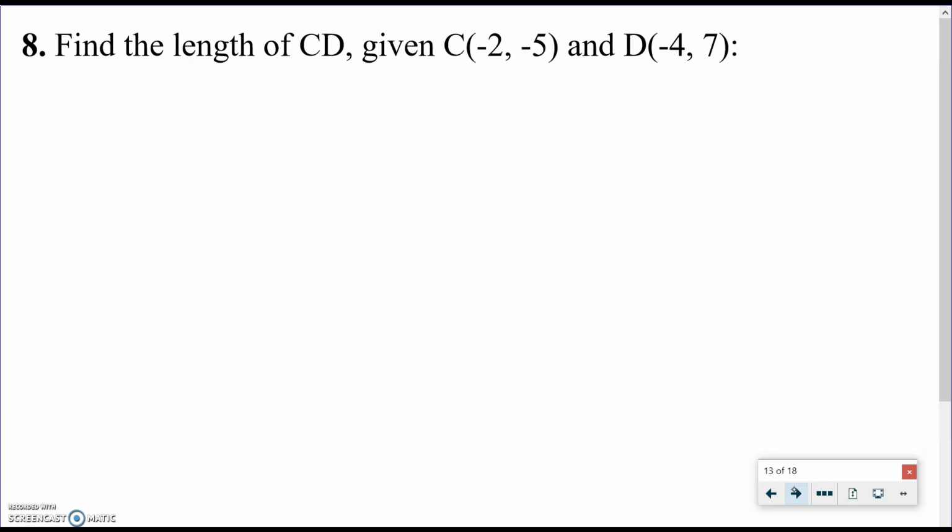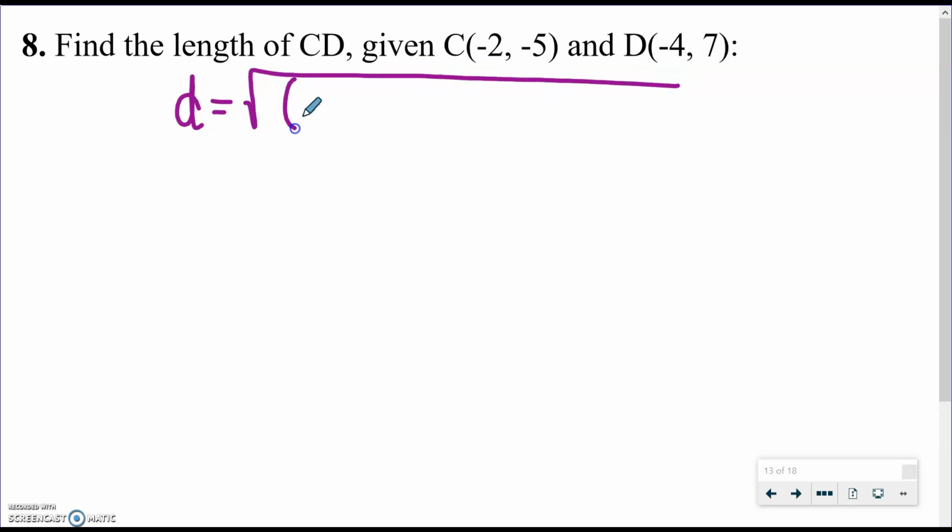So if we have these two points here, we're going to use the distance formula. I always like to start by writing it out, and then I plug in.